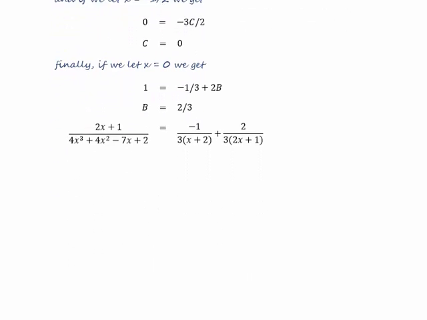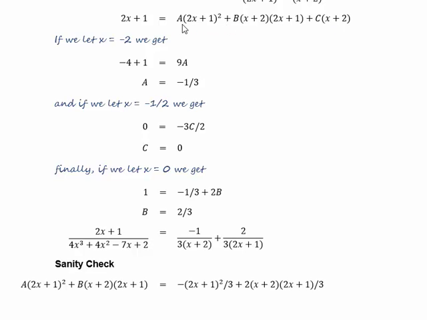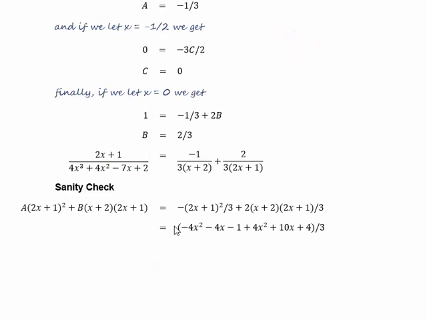Well, we don't know until we've done a sanity check. So we're going to substitute our values for a and b and c into this equation. So a is minus a third, b is 2/3, and c is 0. Expand each of these brackets.